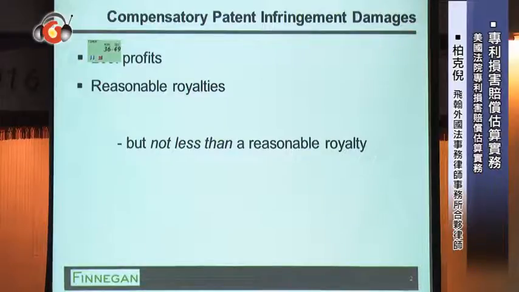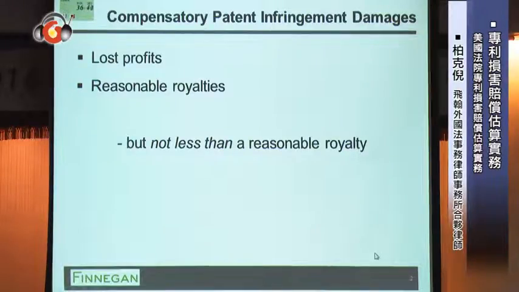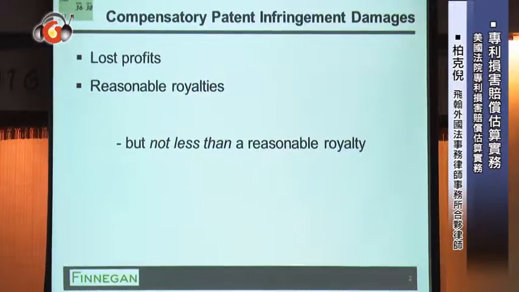So often in cases where the patent owner can recover either lost profits or reasonable royalty, they'll try to go for lost profits because, as I'll show you, the damages for a lost profits calculation can get very large very quickly.